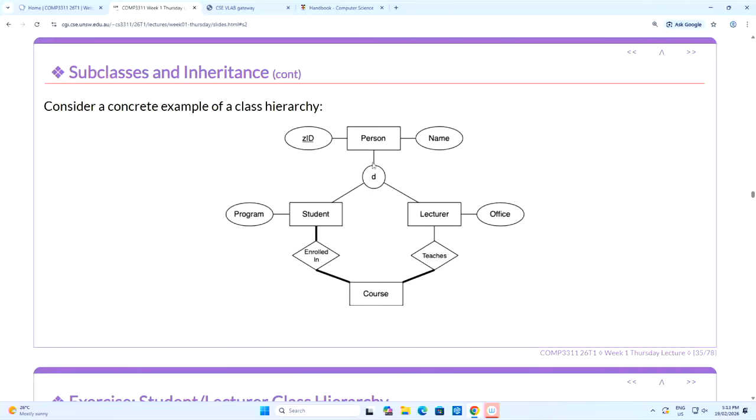And note that we put the thin line over here in the inheritance part, indicating partial participation, meaning that in this database there could be other subclasses of people who are not students or lecturers. We got plenty of those people in university.